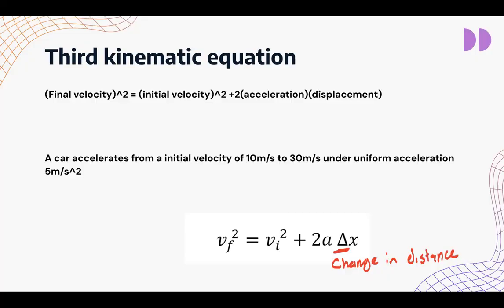A car accelerates from an initial velocity of 10 meters per second to 30 meters per second under uniform acceleration of 5 meters per second squared. What is the distance? Oh, it's looking for distance? Okay. You're supposed to solve for x in this case.